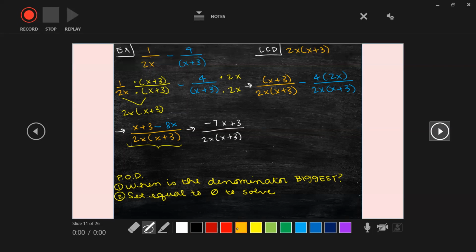So it's visually the biggest when we have 2x times x plus 3, and we set that equal to 0. You have two things being multiplied together, 2x times x plus 3, and so you can actually do this, where you have 2x equal to 0 and x plus 3 equal to 0. It's the same idea as factoring.